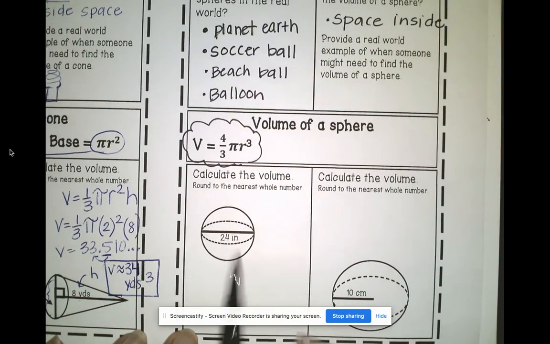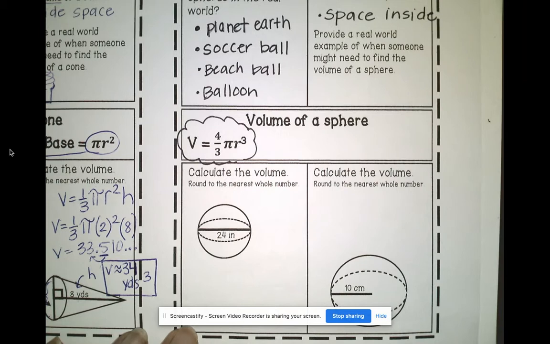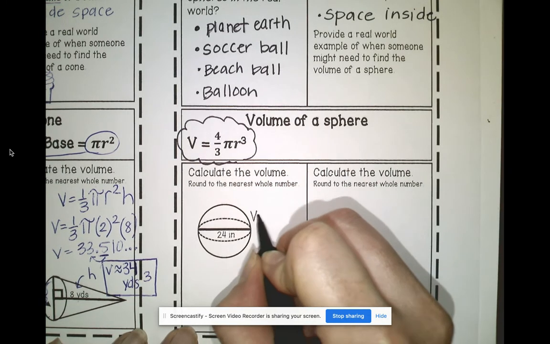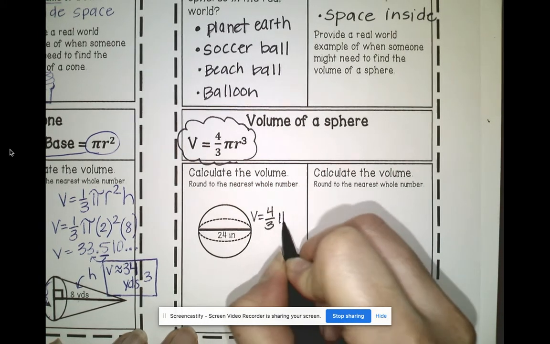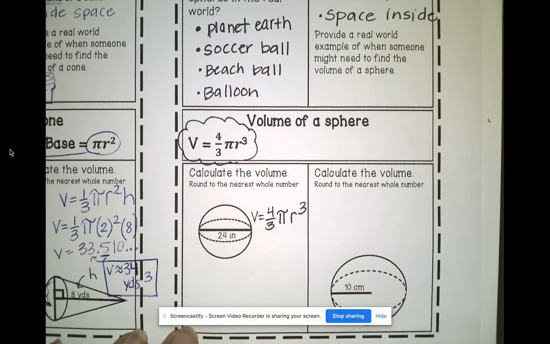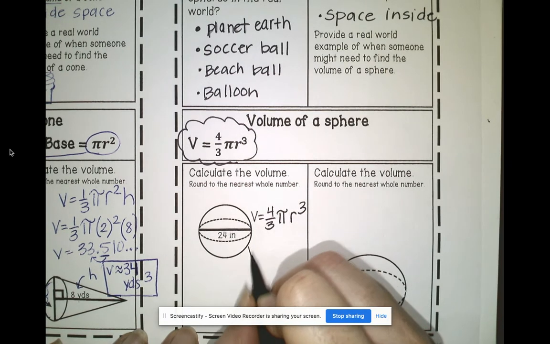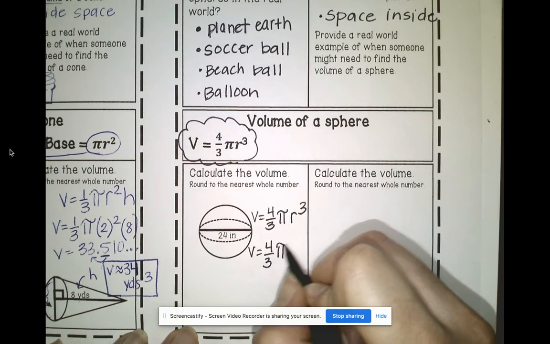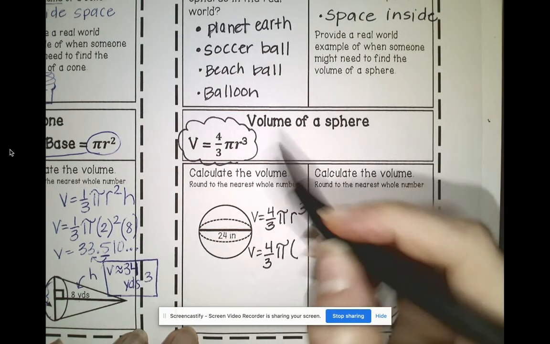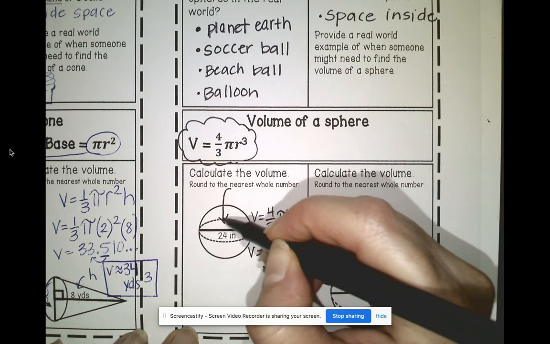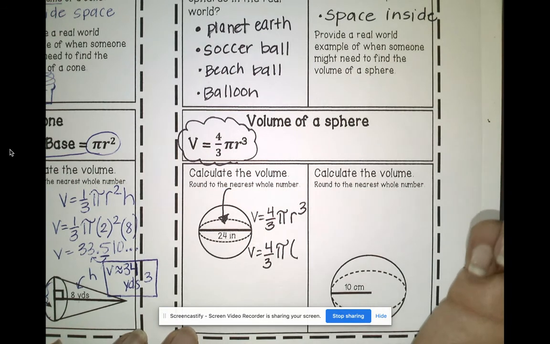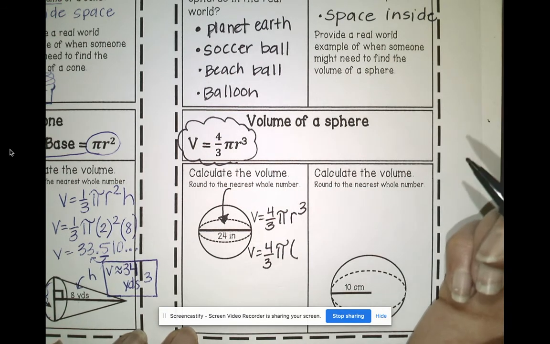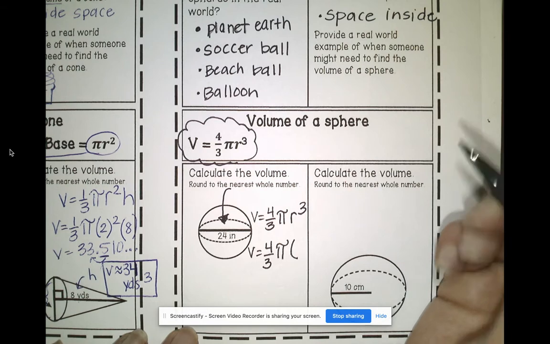Calculate the volume of this. We'll call it a basketball for this case. We're going to start by writing our formula. 4/3 stays, I'm going to keep pi. My radius here, we should be getting good at this by now. Is 24 inches a radius, or is that a diameter?